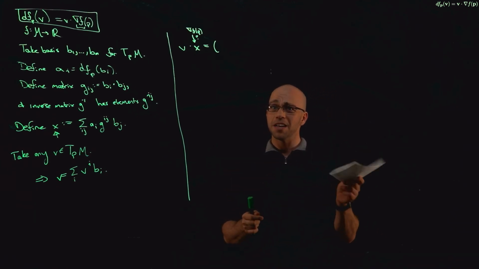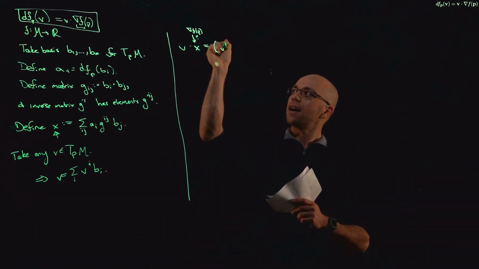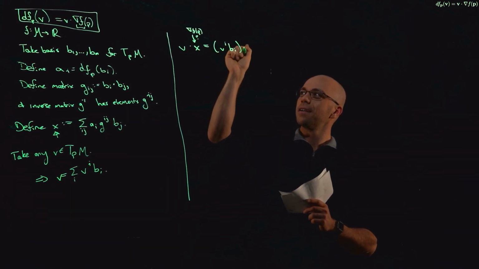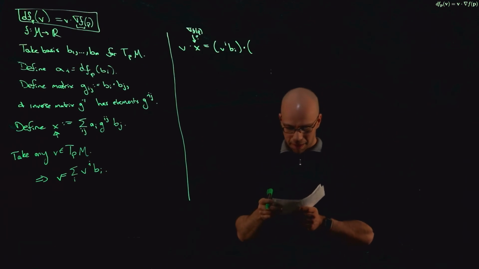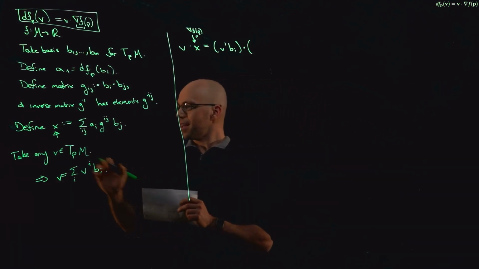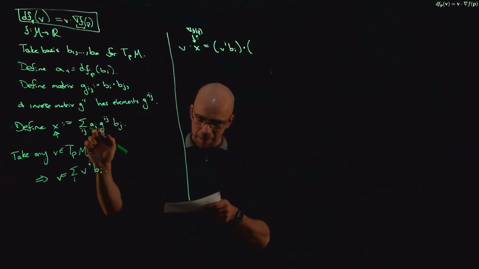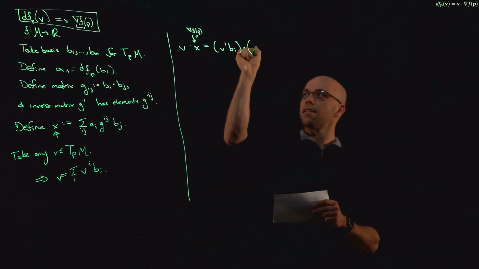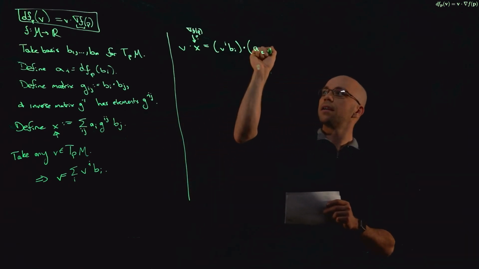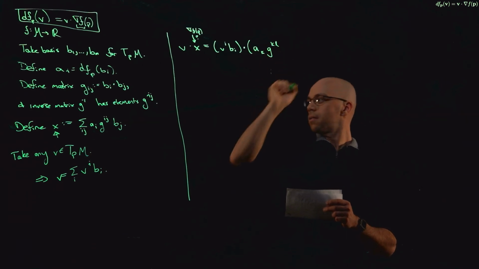I'm departing from my notes, so this is going to be dangerous. Okay, so we have v^i b_i, like that. So this is implicitly summed over i, dot producted with x, and x is defined as this sum here. We've already used the index i, so I'm going to replace it with a different one, which is k. So we'll say that this is A lower k, G upper kl, and then we've got b_l.